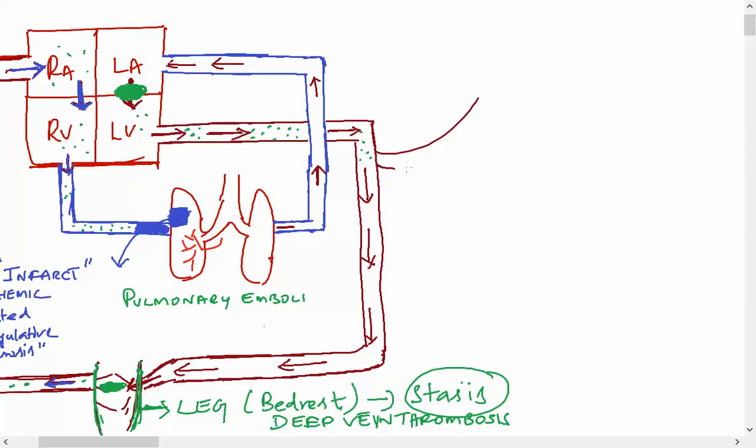Okay, so this is going to the brain, and the thrombi is also traveling to the brain.